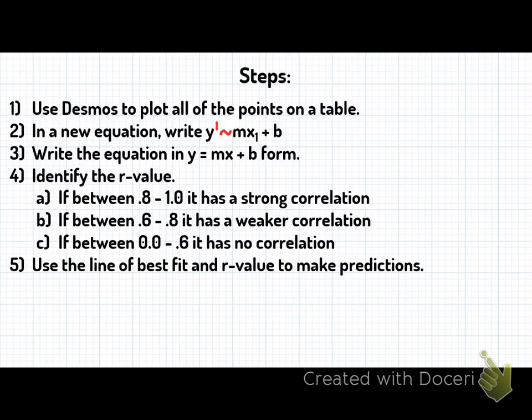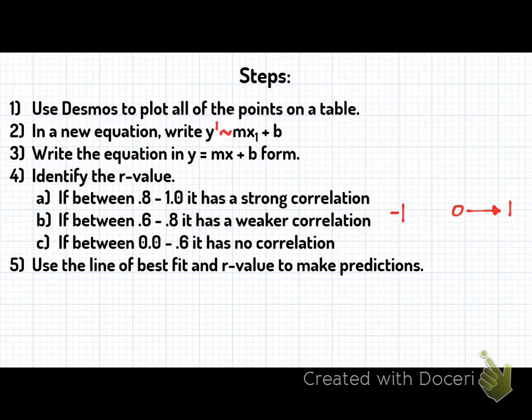When we put that into Desmos, it'll actually do a regression for us, and then it'll create a new line of best fit that's perfect, and it'll give us a slope and y-intercept. And then the R value, which is super important. Basically the idea is you have -1 and 1, and 0.